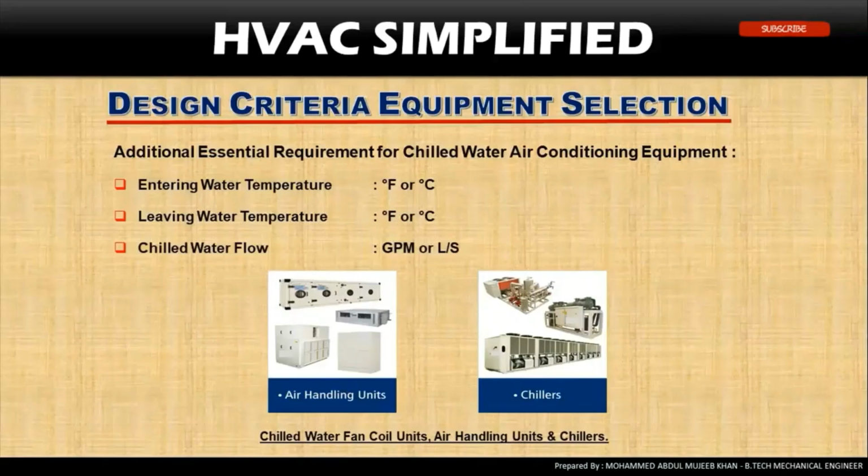So you need to also consider these three important factors while selecting any HVAC water cooled chiller, water cooled air handling units and water cooled chilled water fan coil units.